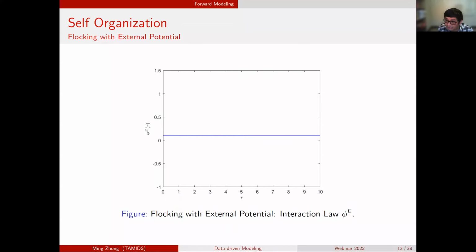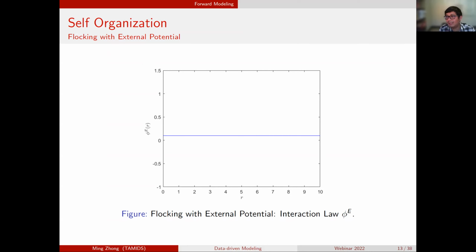It provides short-range repulsion and long-range attraction, rather than the alignment-based case when you have only alignment in the mid-range. Okay, so in this case, I actually have a constant function for the energy-based interaction law. It is positive, so it's only attracting everything, and it is about 0.1, so it's actually a really small attraction.